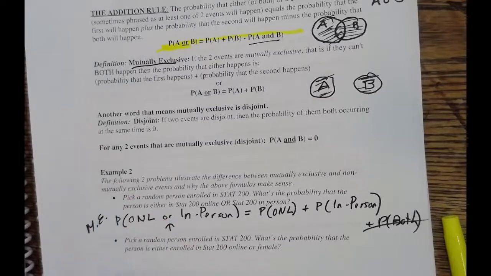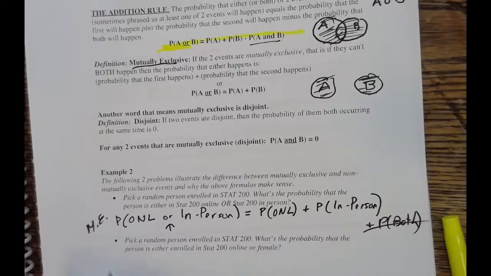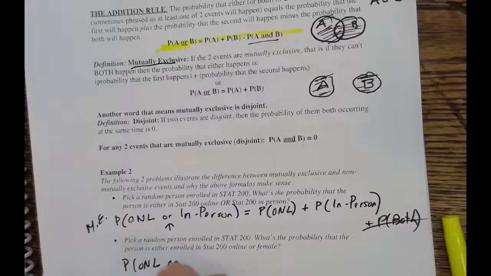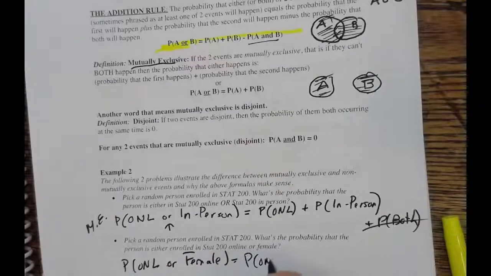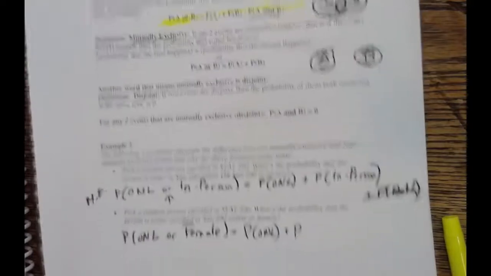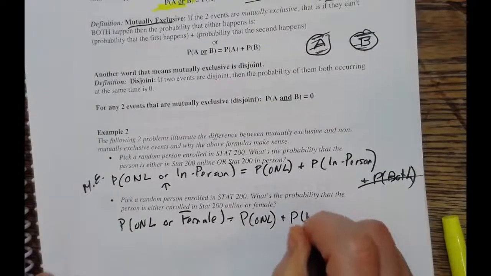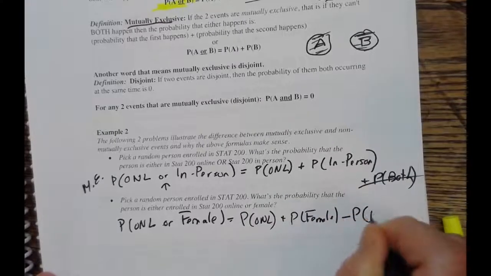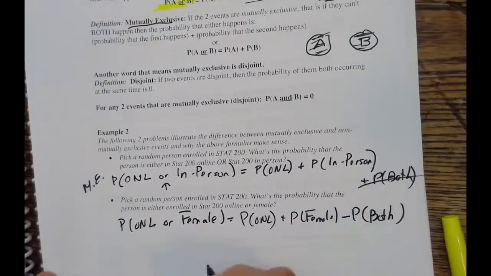But an example that's not mutually exclusive would be the probability of being online or female. So you could say the probability of online plus the probability of female, and then you'd have to subtract off the probability of both to avoid double counting.